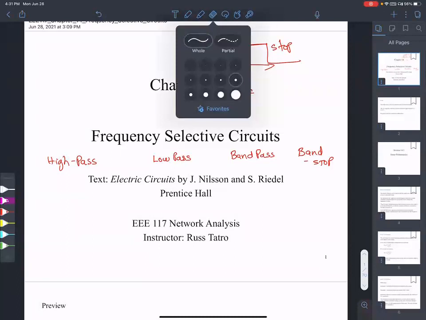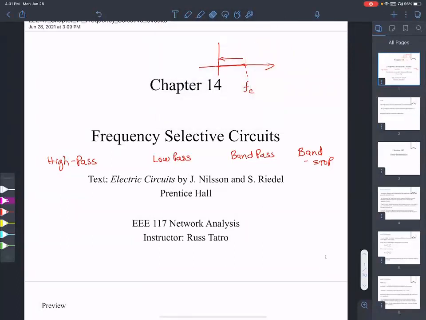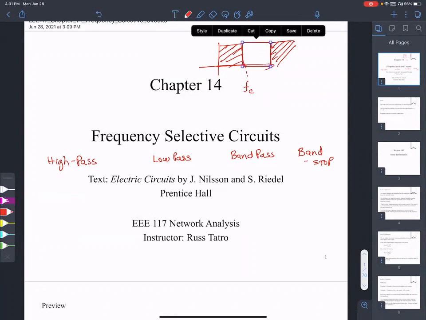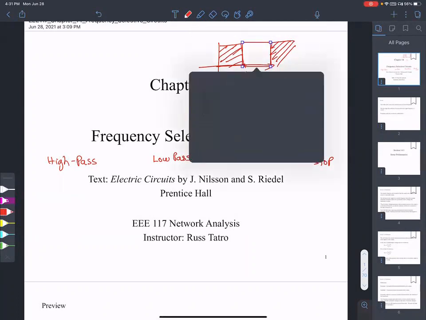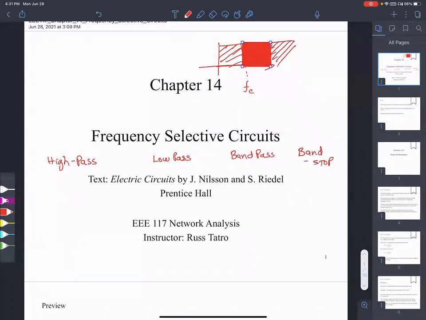And then the band reject filter does the exact opposite. It passes this one and this one, but rejects or blocks these frequencies. Those frequencies in this particular band are stopped. The rest are amplified in case of active filters.